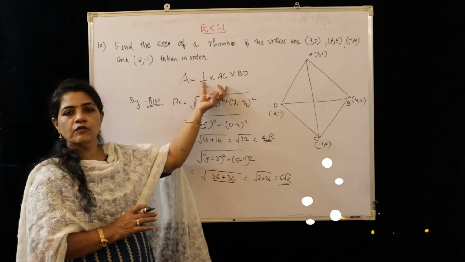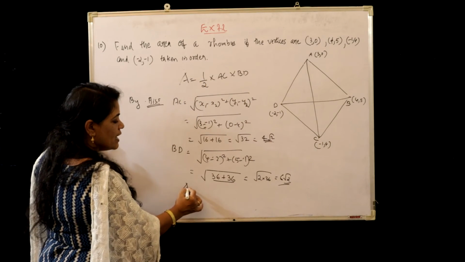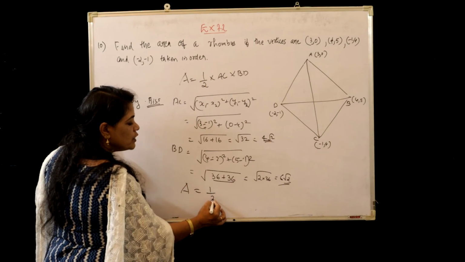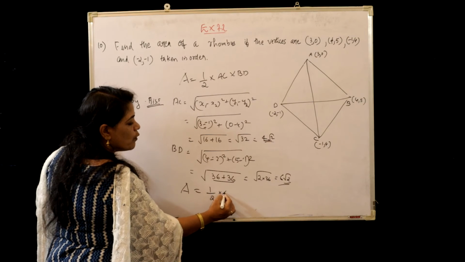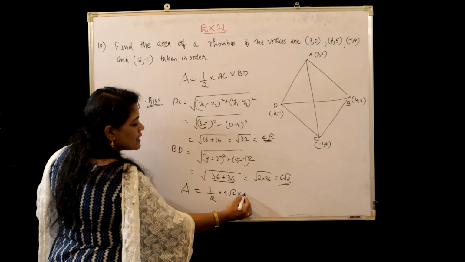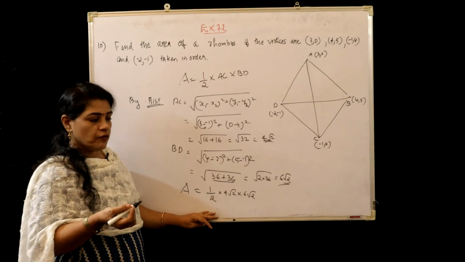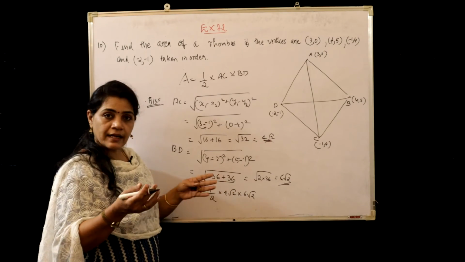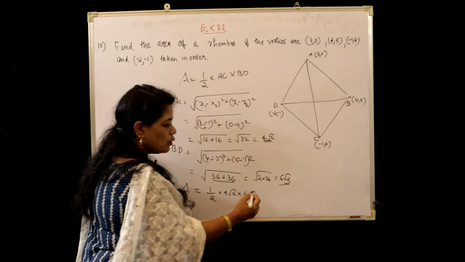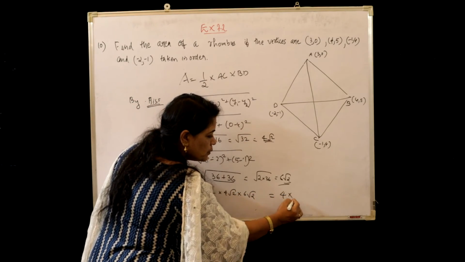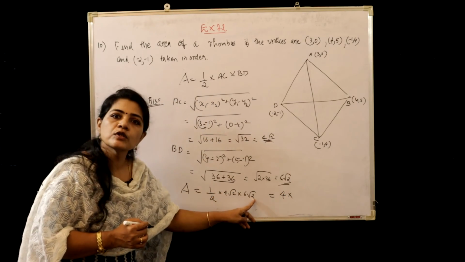So just substitute in the formula, that is area of the rhombus A equal to half into the first diagonal 4 root 2 and the second diagonal 6 root 2. Then how can we simplify? All the three are connected by multiplication. We can multiply 4 into root 2 and here also one more root 2.